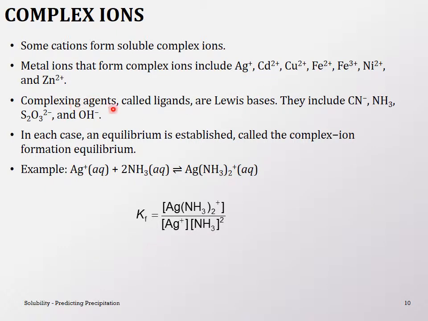The complexing agents, which are also called ligands, are usually Lewis bases, which means that they give electrons. Why? Because you're combining them with something that is a Lewis acid, which means it lacks electrons. So the metal ions are Lewis acids and the ligands are the Lewis bases, and things like cyanide ion, ammonia, thiosulfate, hydroxide, and water are all going to be ligands.